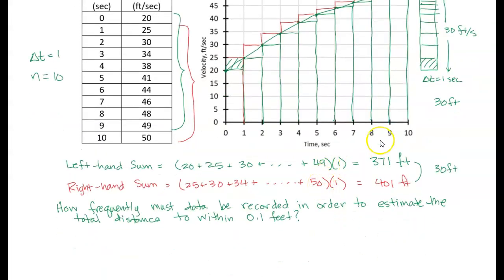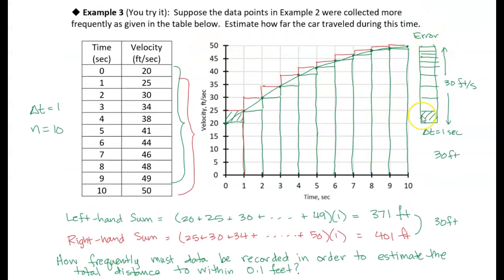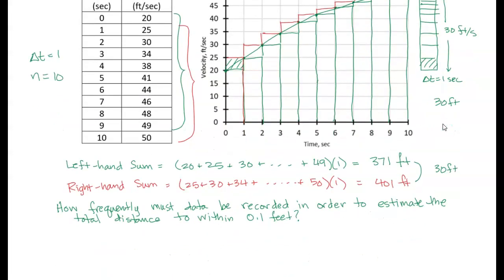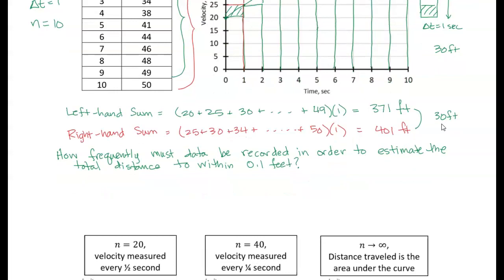And if we look at this stack of our error here, it gives you a good clue, because the height of that stack is never going to change. You're going to start out at 20 and you're going to end at 50, so the height of the stack is not going to change, but the width is going to change if we sample more frequently. So let's try to figure out what our delta t has to be.